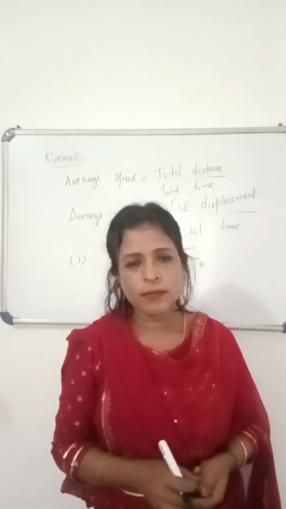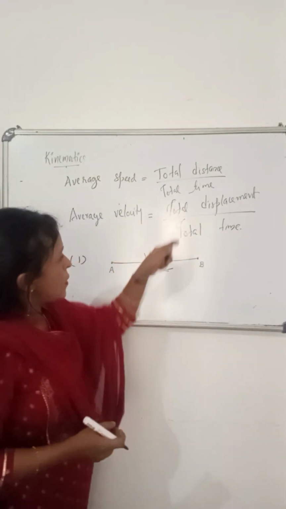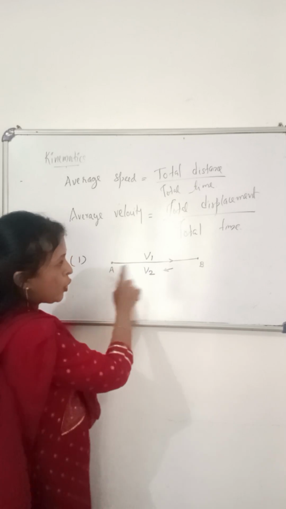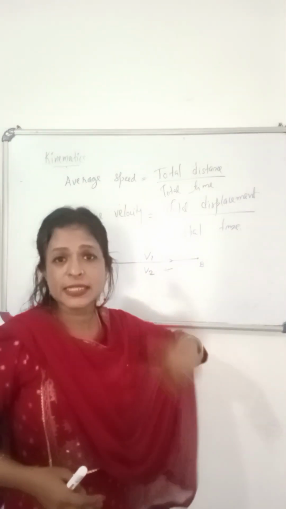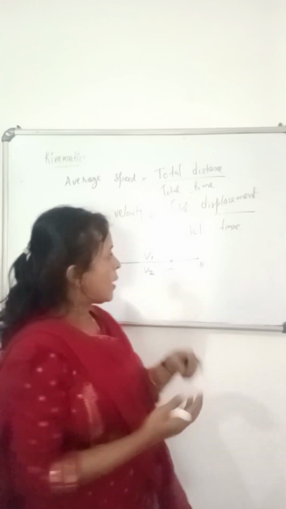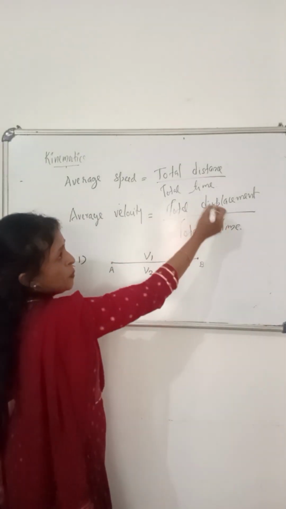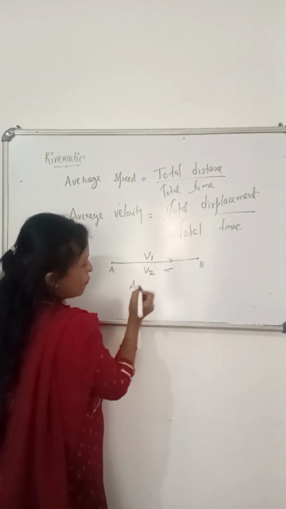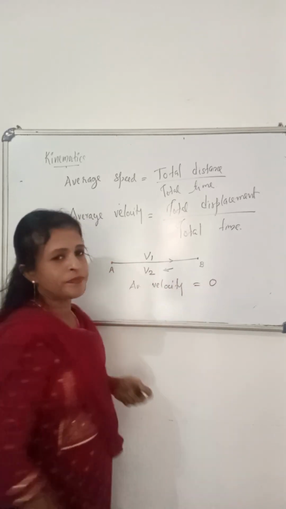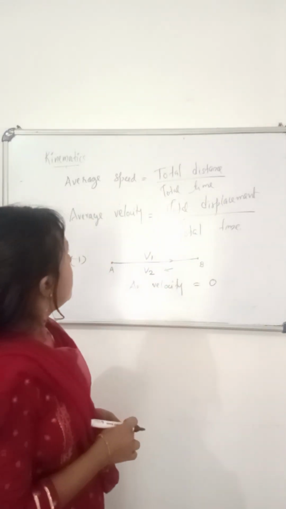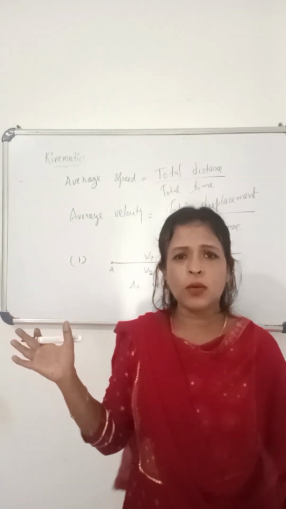How can we find it out? We already know the average velocity: the total displacement, A to B is positive, B to A is negative. So the total displacement is equal to 0, so the average velocity is equal to 0. We don't need to find it. But average speed is not equal to 0.